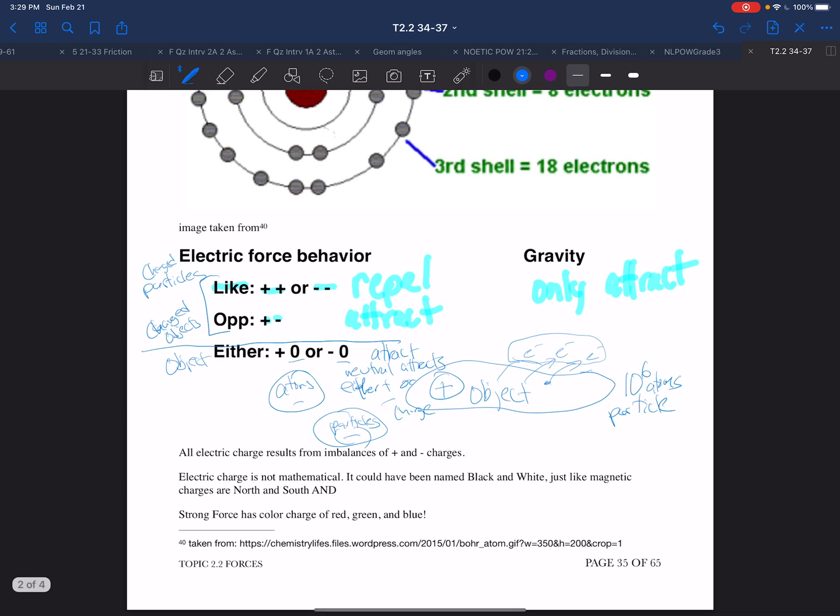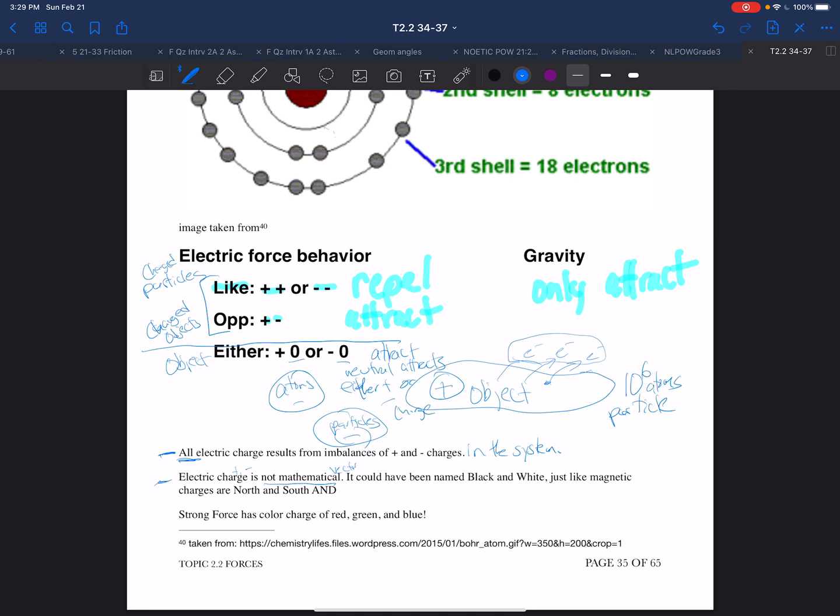And finally, just some things we want to remember about electrical charge. All electric charge results from imbalances of positive and negative charges in the system. Electrical charge, and by that we mean positive or negative, is not a mathematical vector. It's not a vector in a mathematical sense.